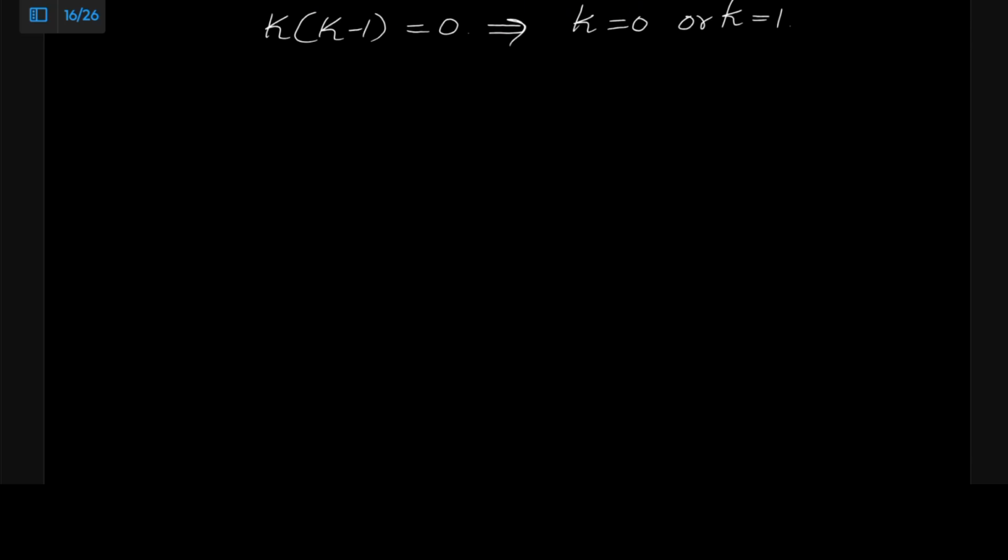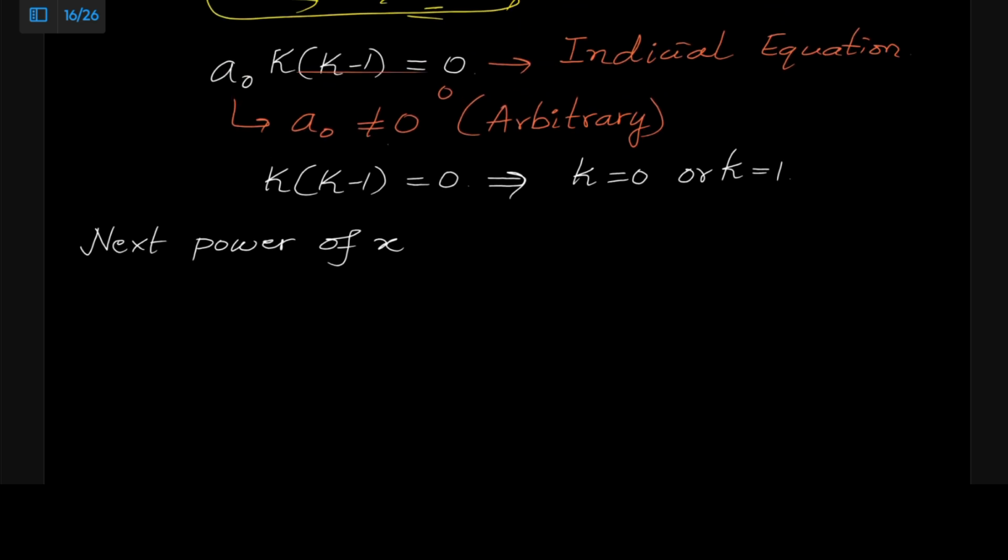Now the next power of x would be what? The next power of x is when n is equal to 1, right? So let me calculate that next power of x. Why are we calculating all this?